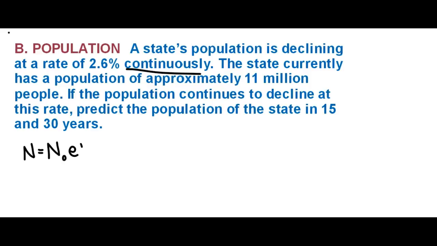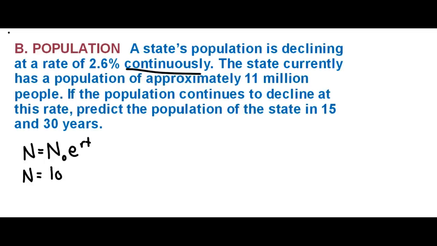It's exactly the same equation, only now we're using N. I will call it NERT. So we're trying to find our final population here, N, and N sub 0 is still 11 million.